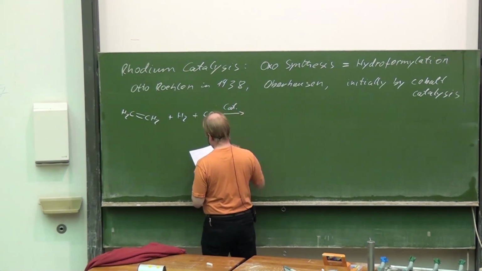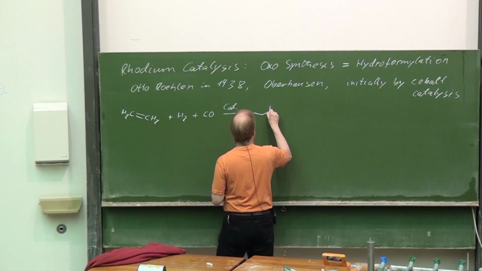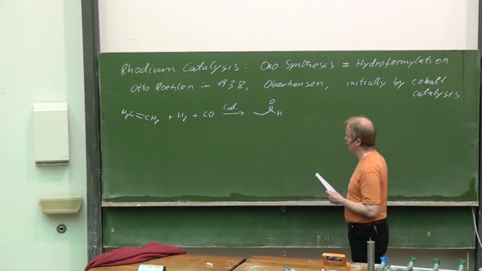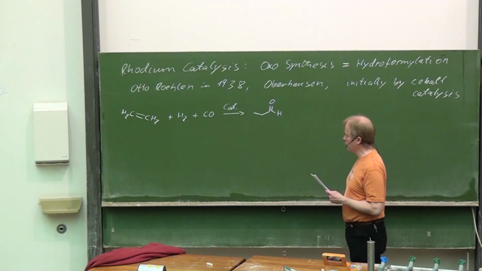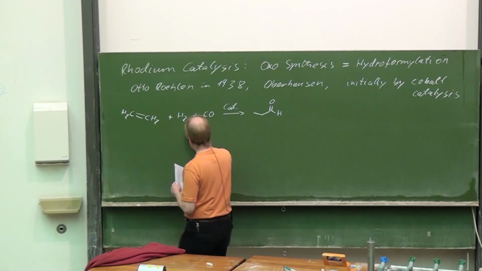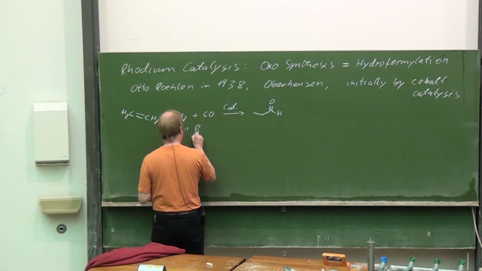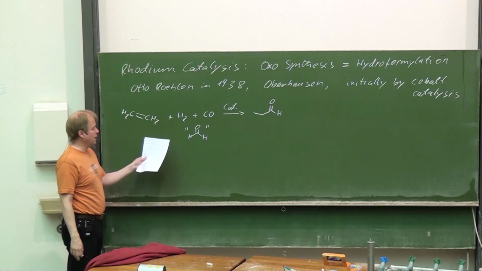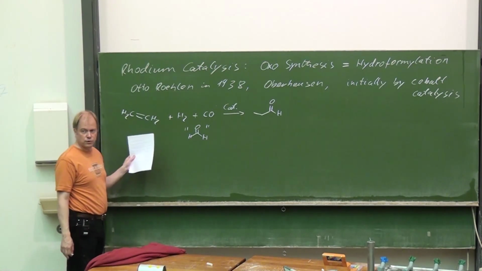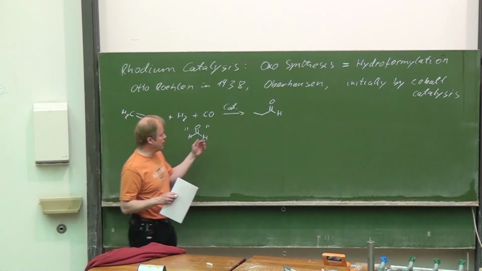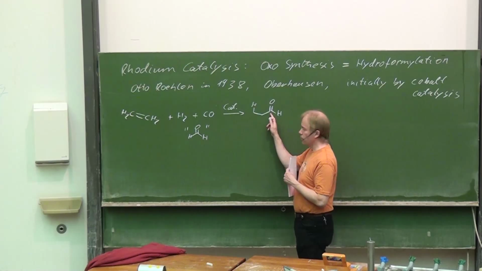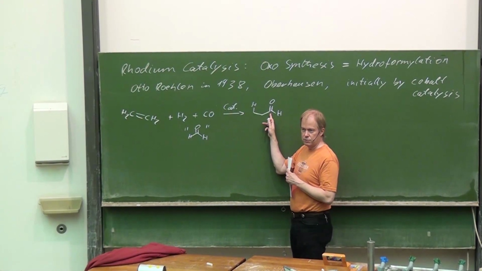So then we need the catalyst, and this will result in a hydroformylation reaction, since as a net result, formaldehyde is added to the double bond. Hydroformylation means one hydrogen and one formyl group are added to the olefin.